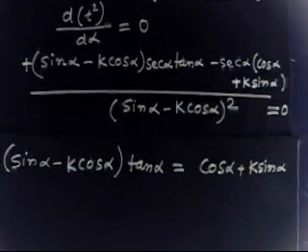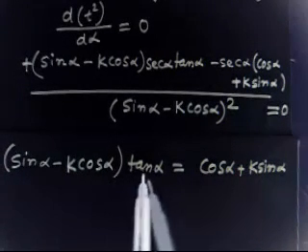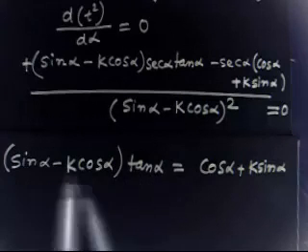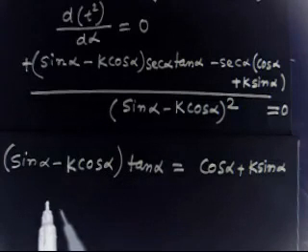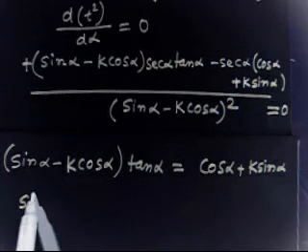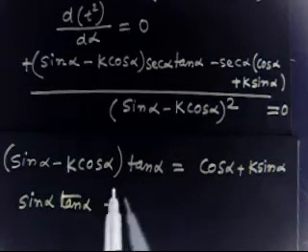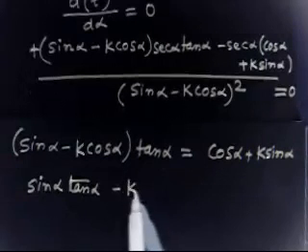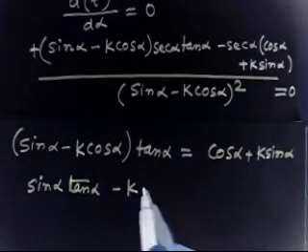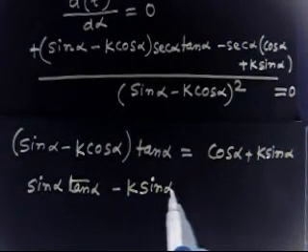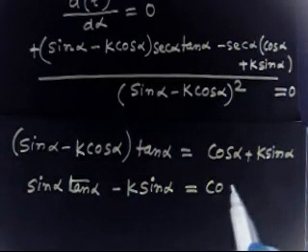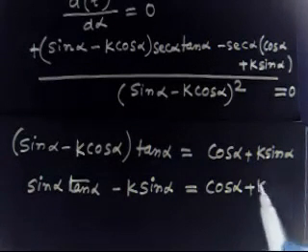Are you getting? Now if you multiply this term, you will have sine alpha into tan alpha. So here you will have sine alpha into tan alpha minus k sine alpha, because sine alpha by cos alpha goes out. So this equals cos alpha plus k sine alpha.